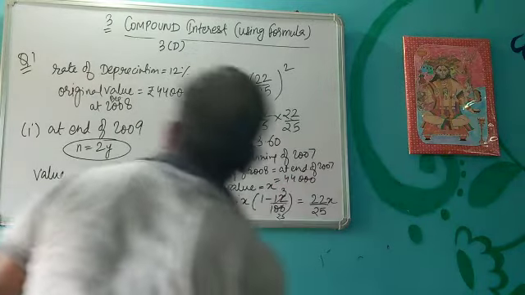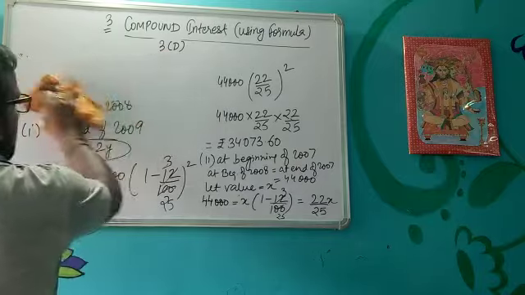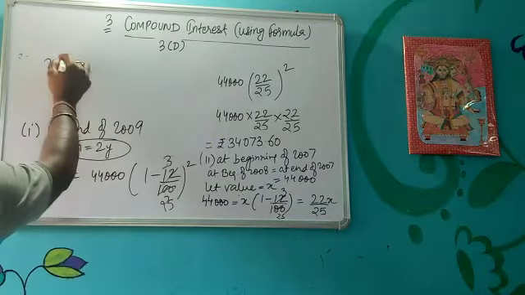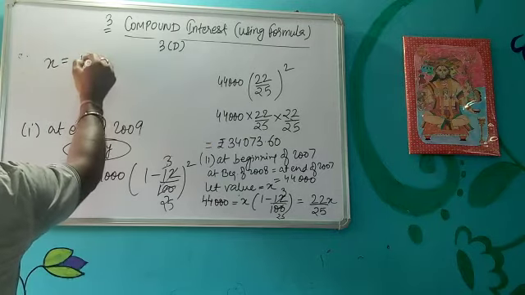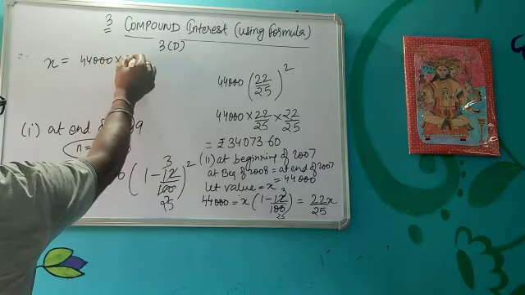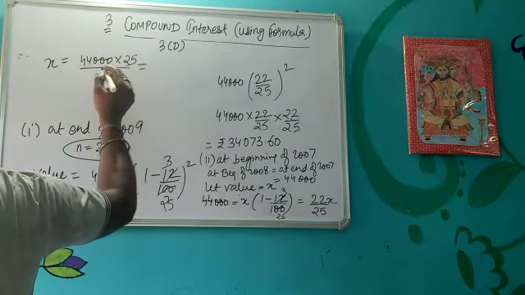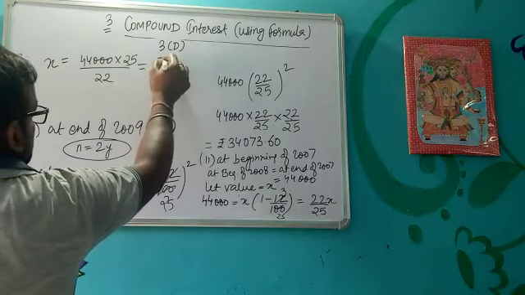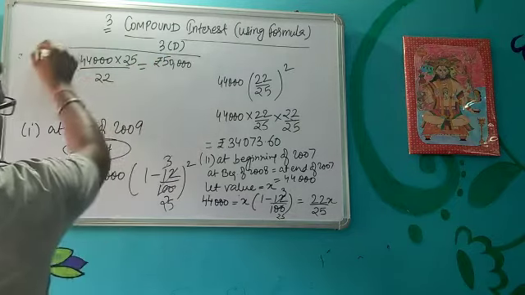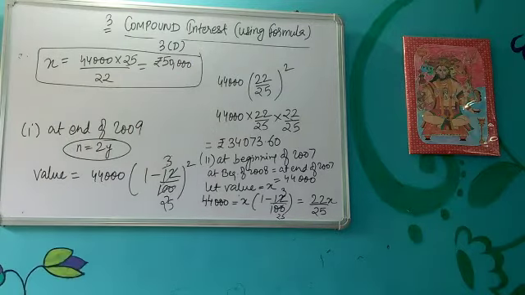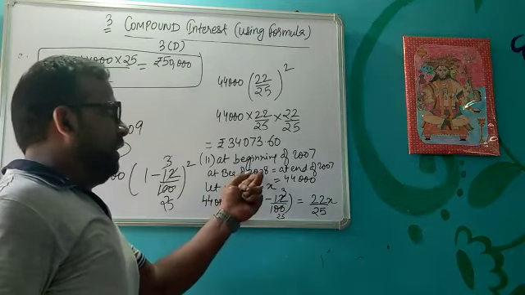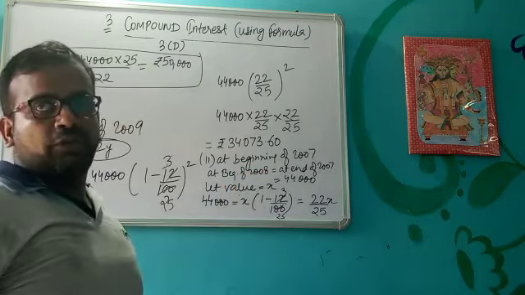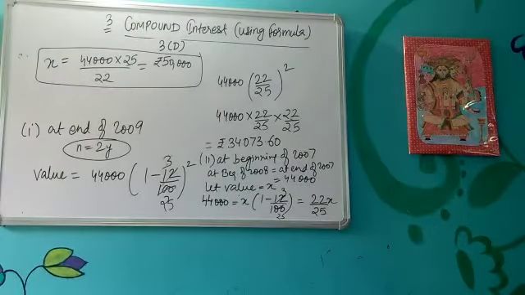After solving it, we get x equal to 44,000 into 25 upon 22, that is rupees 50,000. So this was the value of the machine at the beginning of 2007. It depreciated by 12% and became 44,000 at the end of 2007, or the beginning of 2008. So here we can use the concept of depreciation in these kinds of problems.